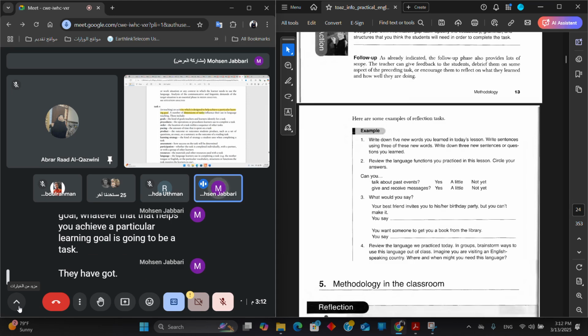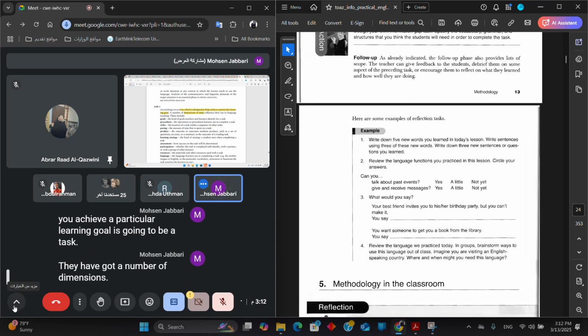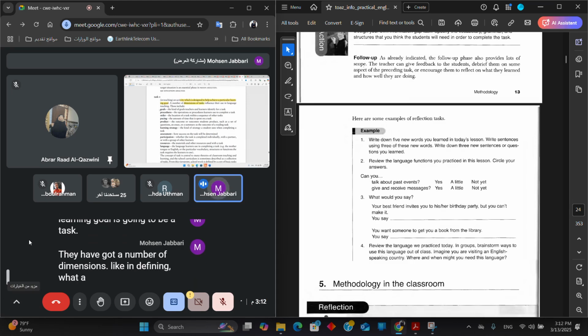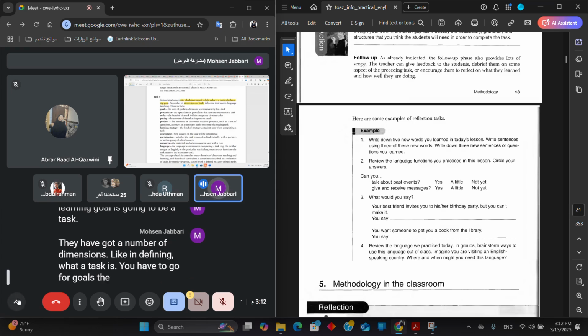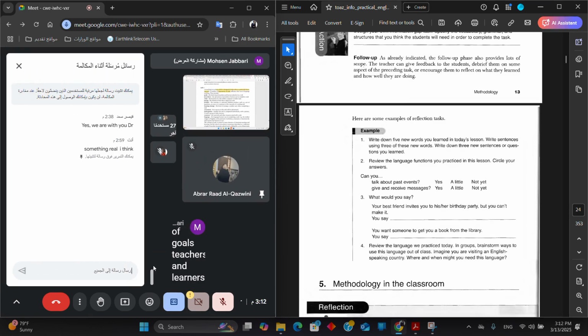They have got a number of dimensions. Like in defining what a task is, you have to go for goals, the kind of goals teachers and learners identify for a task. You have to go for the procedures.